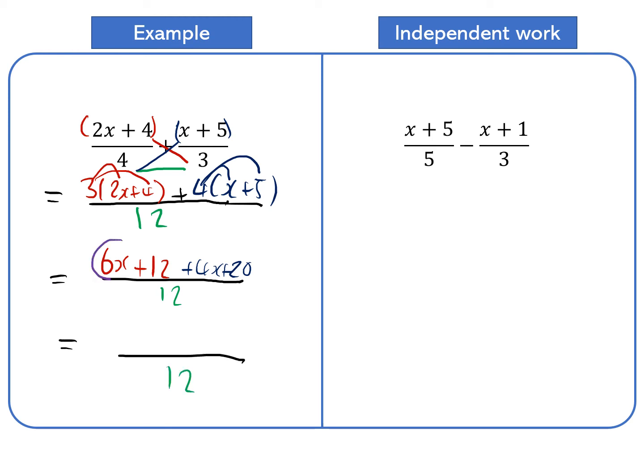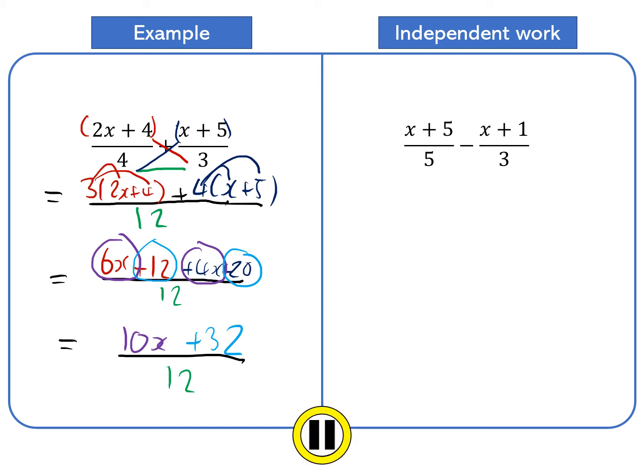I've got 6x plus 4x, and that's going to be 10x. And then I go the other way, I've got 12 plus 20, and that will be 32. And that's my answer.